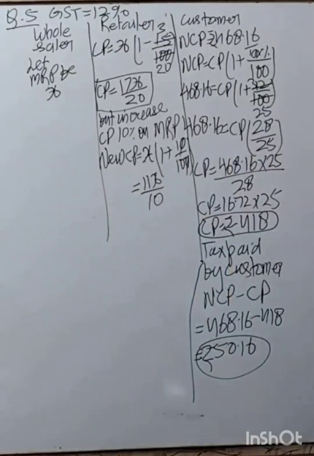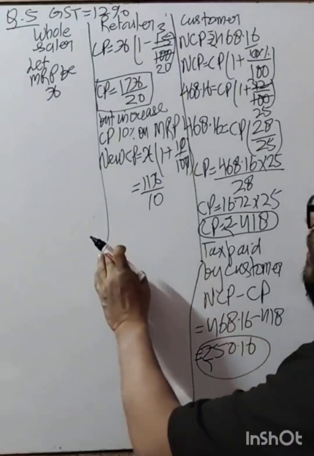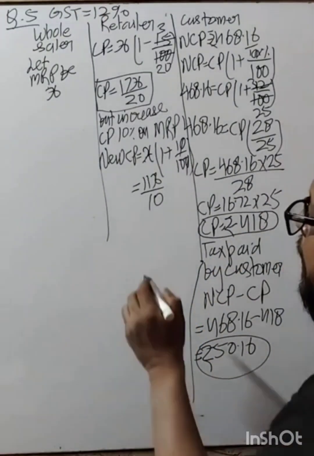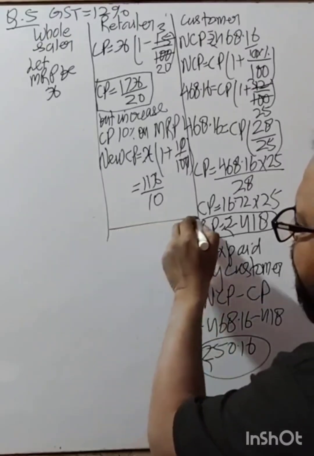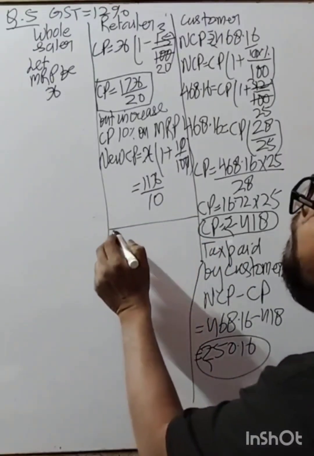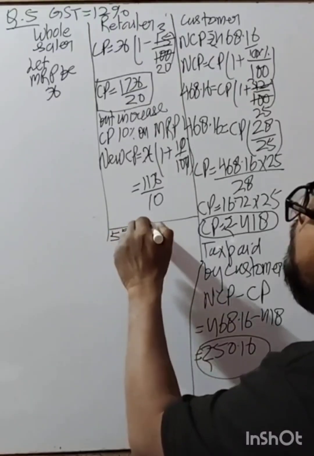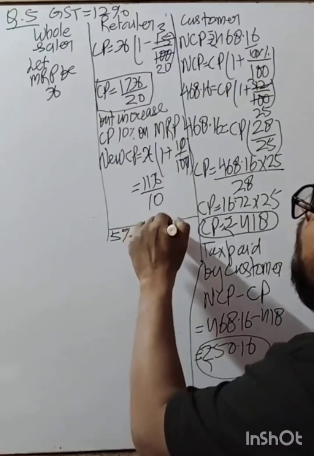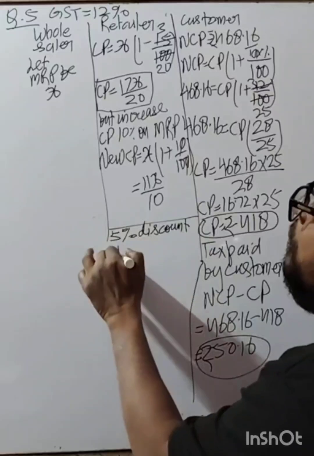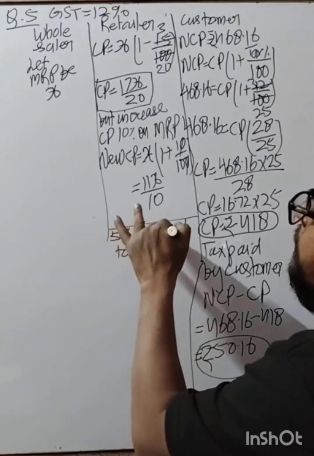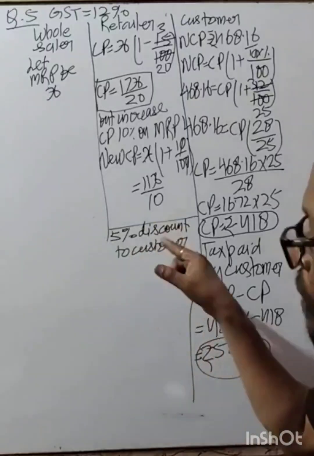Now what he did, this 418 he gets, and he gave a 5% discount to the customer, right? 5% discount to the customer.